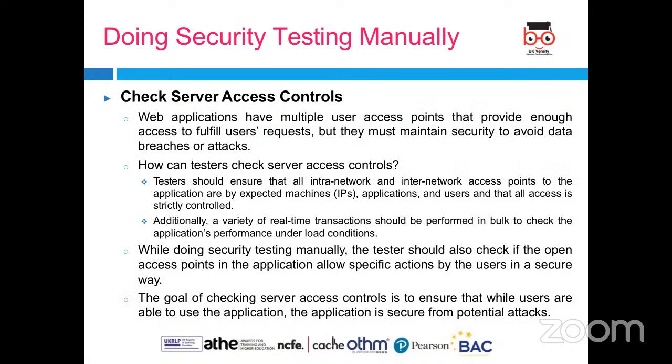Also, we have check server access control, where with this test, the web application has multiple user access points that can provide enough access to fulfill users' requirements, and they mainly contain security to avoid data breaches or attacks.